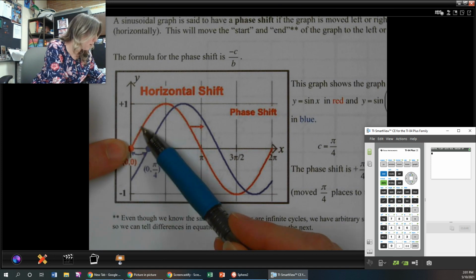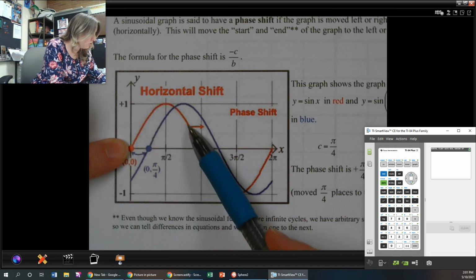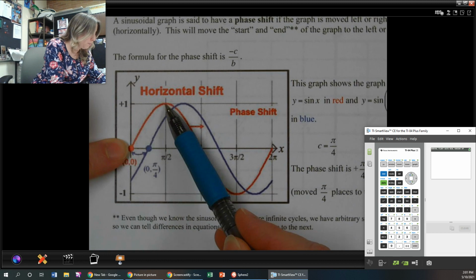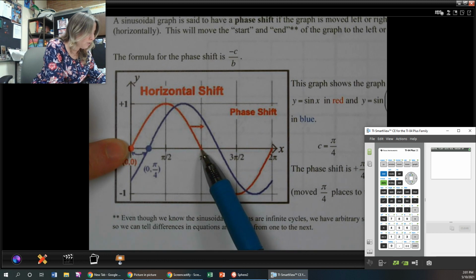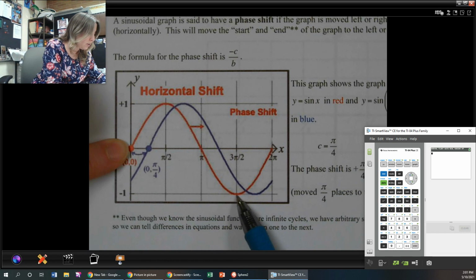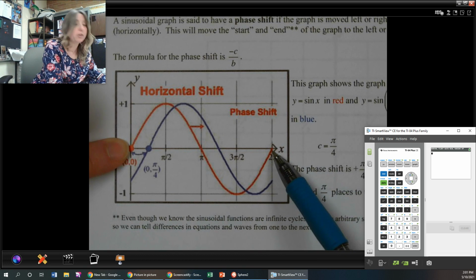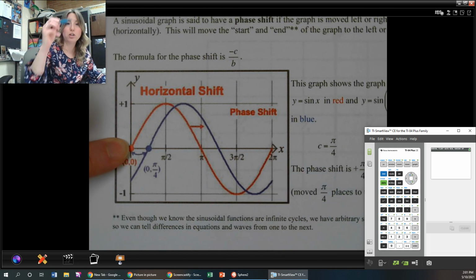This red one is the normal. It starts here, goes all the way up to positive 1, back down to 0 at 180 degrees or pi radians, back down to negative 1 at 270 degrees or 3 pi over 2 radians, and then up to 0 again, showing you the cycle.